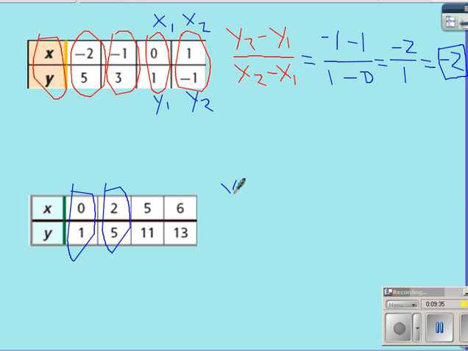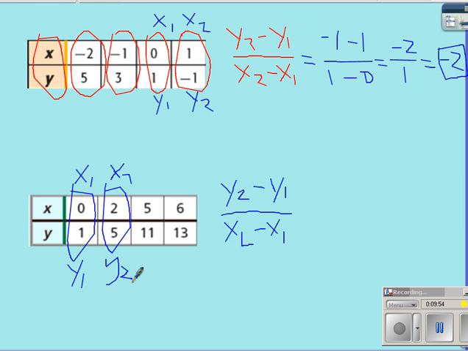Got my formula, y2 minus y1, all over x2 minus x1. Here's my x and my x, my y, and my y.